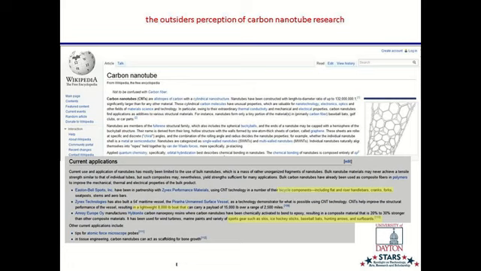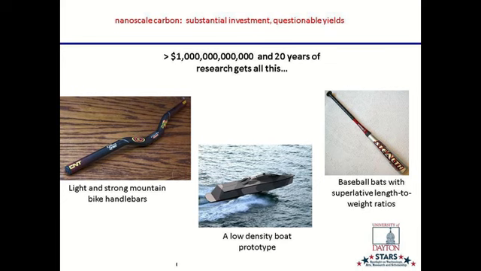Now, how on earth could a material with these kinds of attributes have this miniature list of applications? I highlighted basically the summarizing applications for this material. It's maybe hard to see from where you're sitting, so I did a pictorial summary. Really, it boils down to some excellent mountain bike handlebars, a prototype boat that I didn't really understand the purpose of, and some sporting goods, baseball bats and golf clubs.